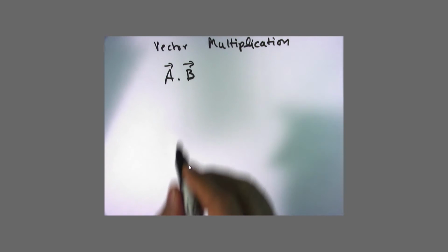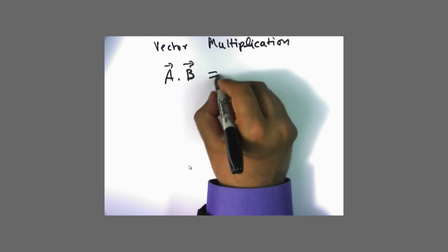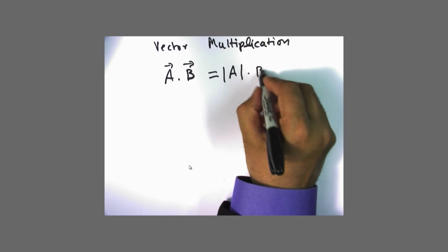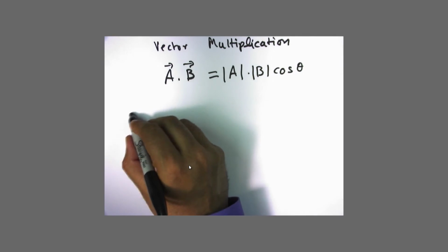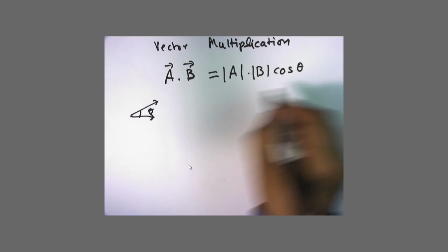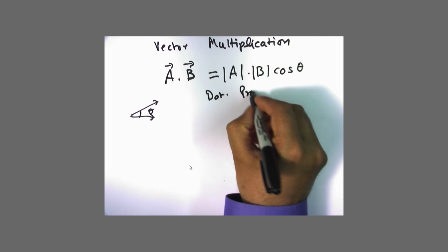For the dot product, you can say it will be equal to the magnitude of A, magnitude of B, and cos theta between the two. So, if there is A and this is B and this is theta, now you are looking at what we call a dot product.